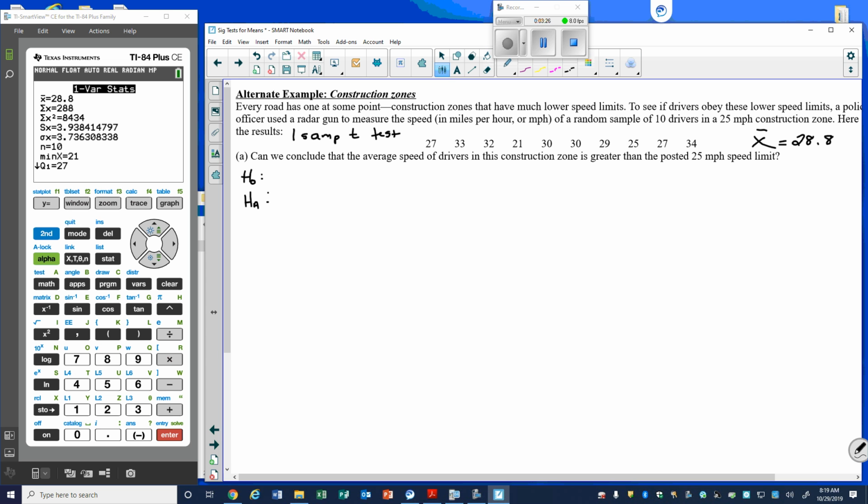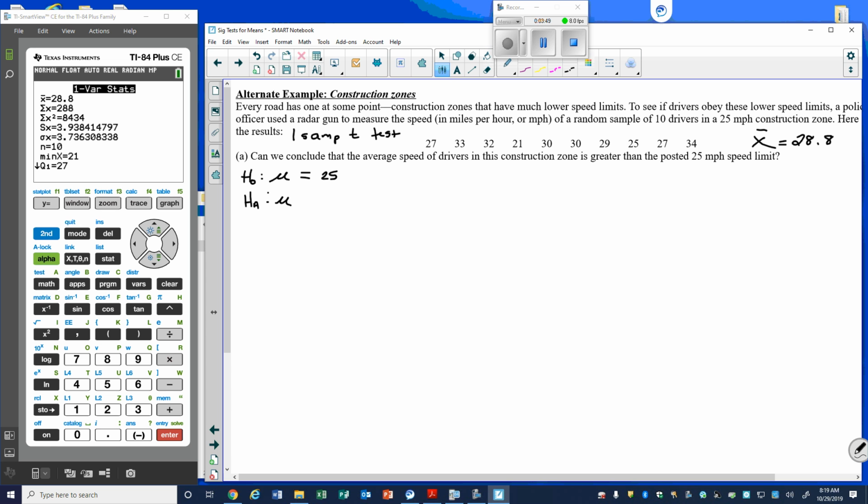So for my null hypothesis, I want to focus on my parameter of interest, which is the true mean, the mu, of all drivers. And the first part will always be equal to. So what I'm going to assume from the very beginning is that they are going 25.